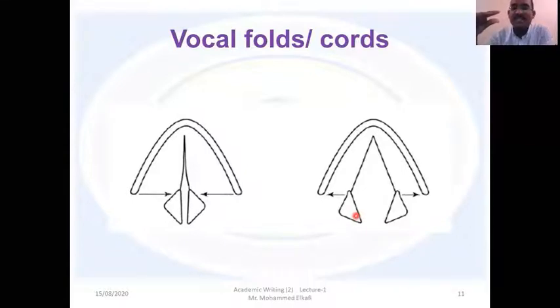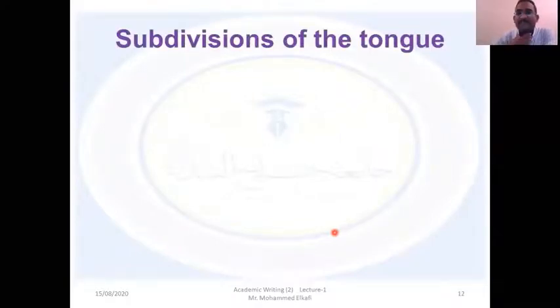So the sound will be unvoiced. So this is about the vocal folds or vocal cords, which are found in this area. As I said, outside here you'll find the Adam's apple, so you can even measure the vibration here by putting your fingers on this part.